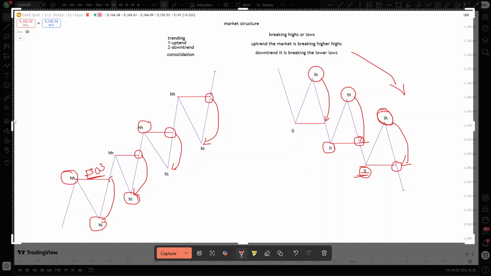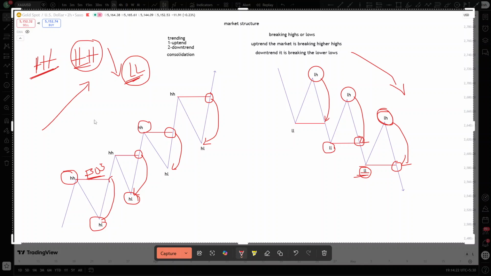So one thing which you have to remember: when you are in an uptrend, what should be broken is an HH, a higher high. When you are in a downtrend, what has to be broken is a lower low. Just remember this: lower low, higher high.